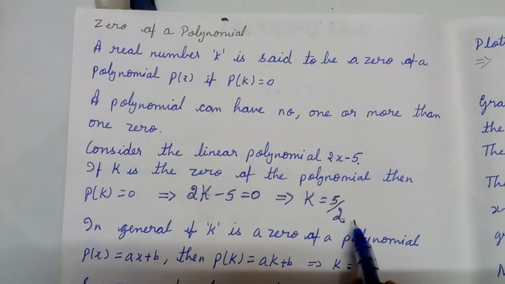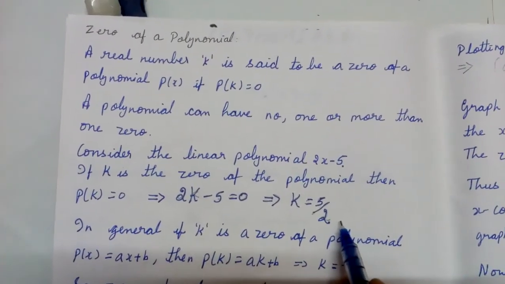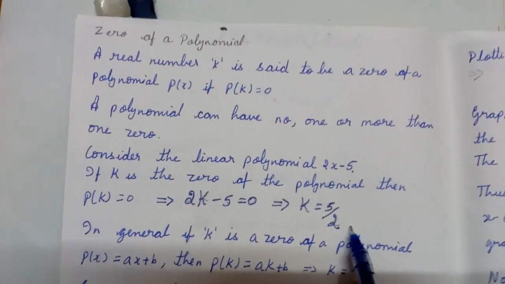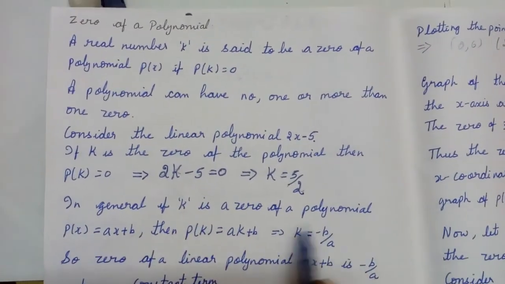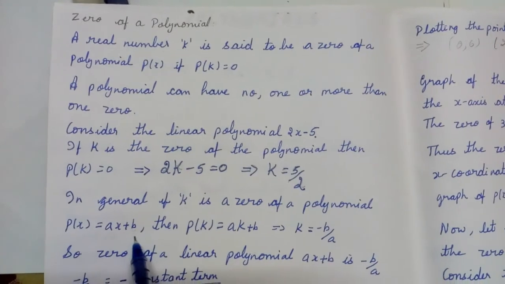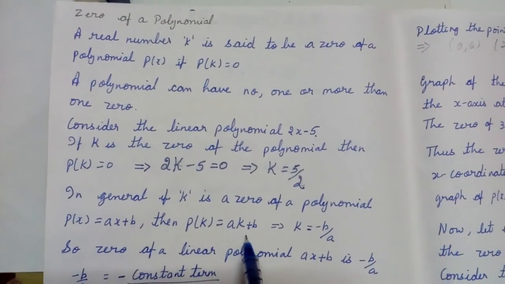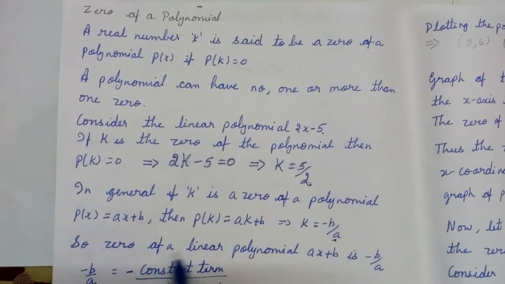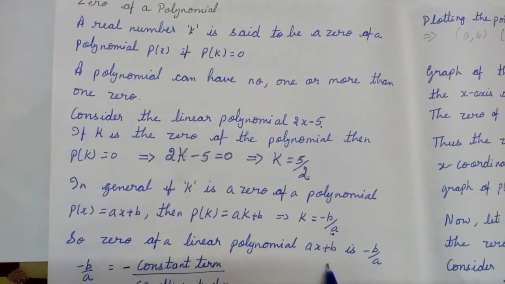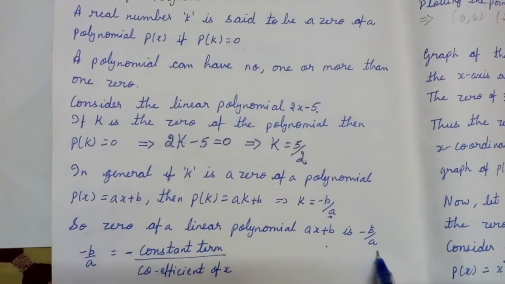So, you got the value of k as 5 by 2. That is, in general, for a linear polynomial p of x equal to ax plus b, if k is a zero, then p of k is ak plus b equal to 0 and k is minus b by a. That is, the zero of a linear polynomial ax plus b is minus b by a.